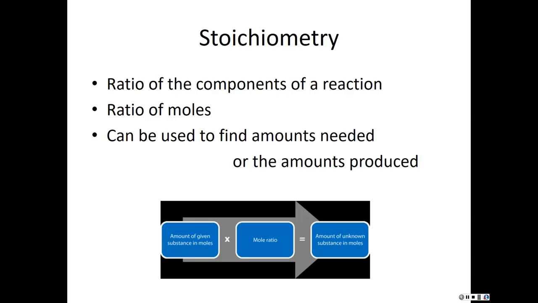I think I had issues identifying the ratio correctly. I had 4 moles of Fe over 3 moles of O2. You get what I'm saying? Yeah, it's from the other one. Well, the difference is that in this one, we're starting with moles Fe2O3, and we're going to moles Fe.